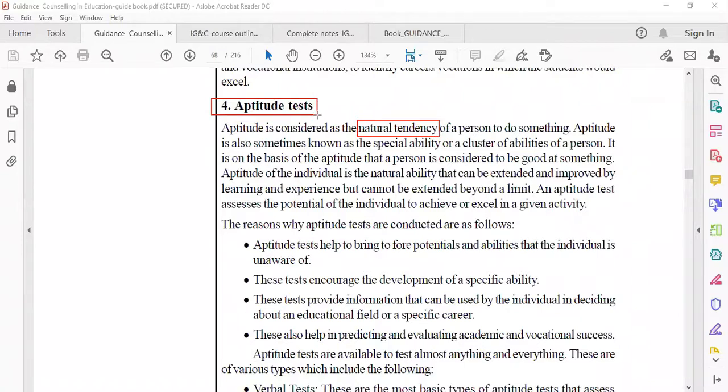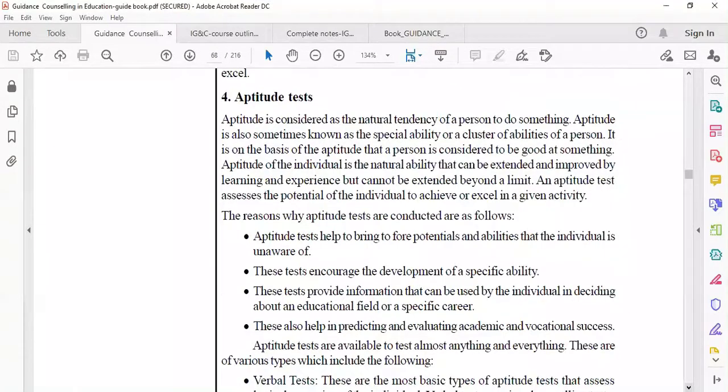This test finds the readiness and tendency of a person, whether this person will be successful in that field or not. These ability tests are conducted by professional institutions when they are giving admission to their students, just to know whether their students have sufficient tendency, power, aptitude, and ability to go through that course and successfully complete that particular professional degree.